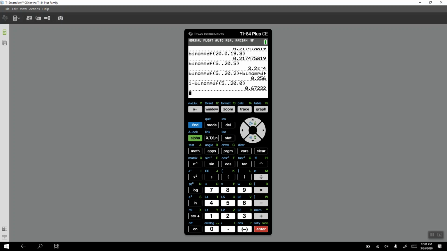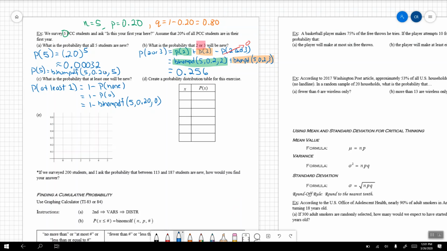Press enter, and we get this probability, 0.67232. So I'm going to write that probability down here. 0.672. Nice.